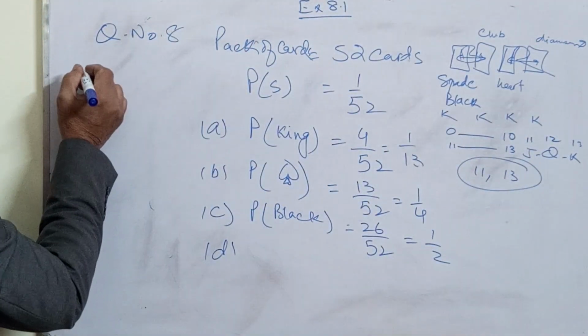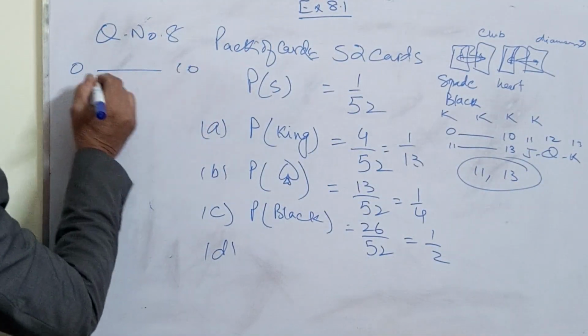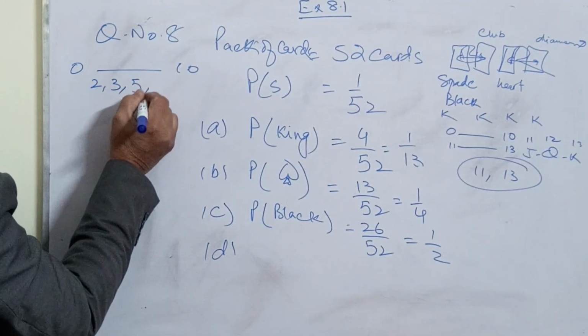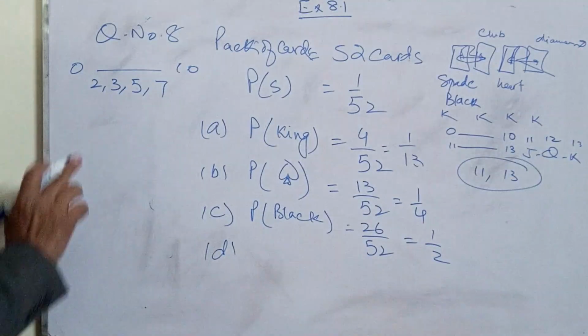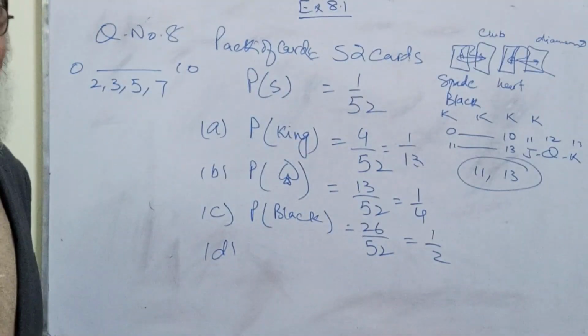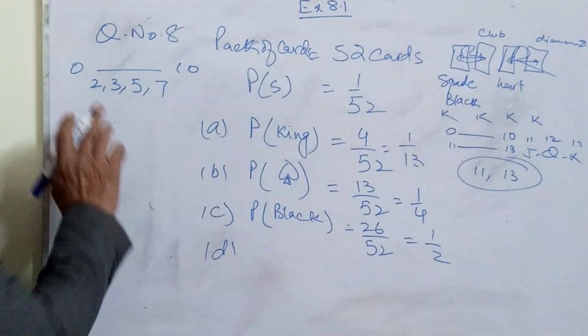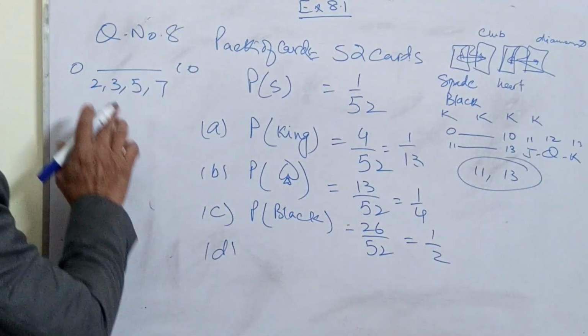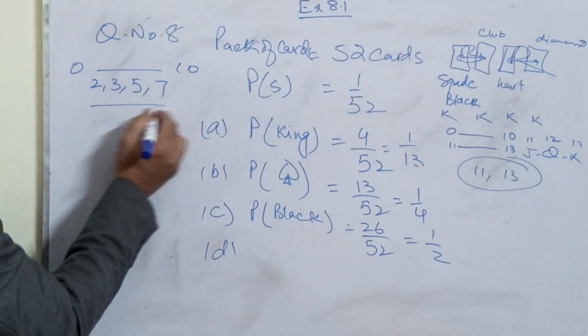How many prime numbers are there from 0 to 10? 2 is prime, 3 is prime, 5 is prime, 7 is prime. 1 is not a prime number; I have already told you many times that 1 is not prime. So these four are the prime numbers.